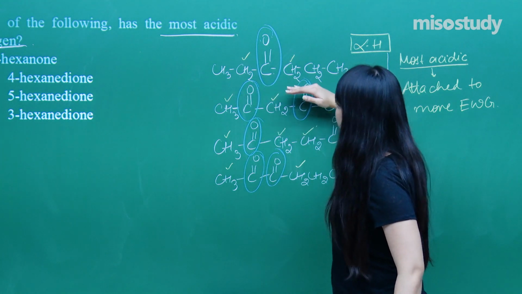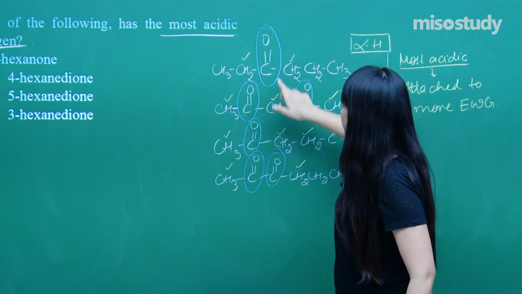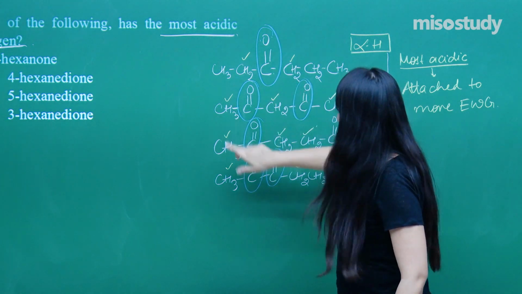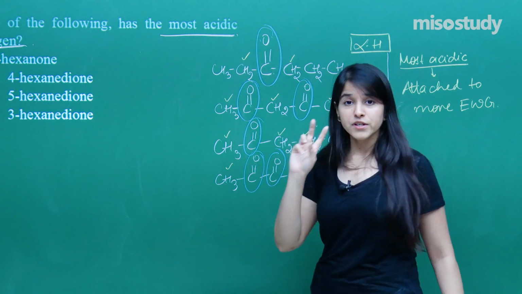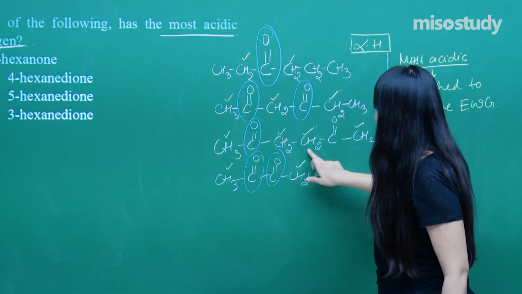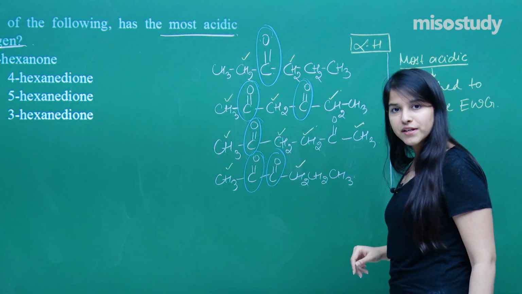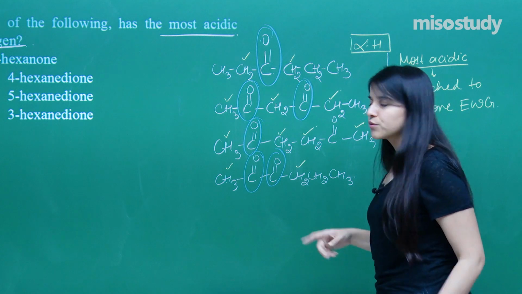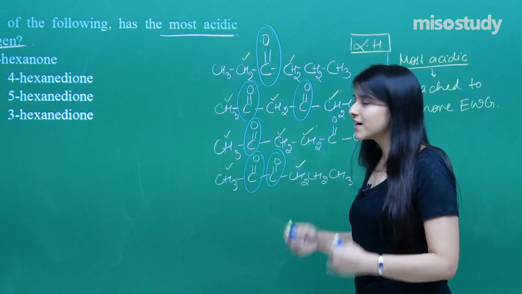Here, in the first option, this one is attached with only one carbonyl, as well as this one. Over here, this one is attached with one carbonyl as well as another, that means very acidic. Over here these are also attached to only one carbonyl, and these two are attached with one carbonyl each. That means we have got the answer.